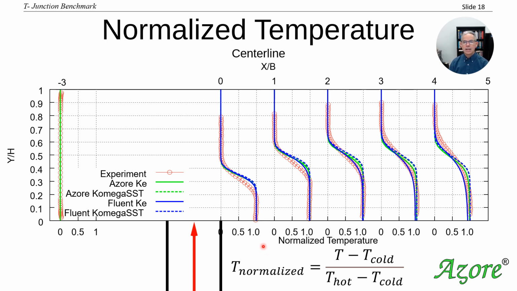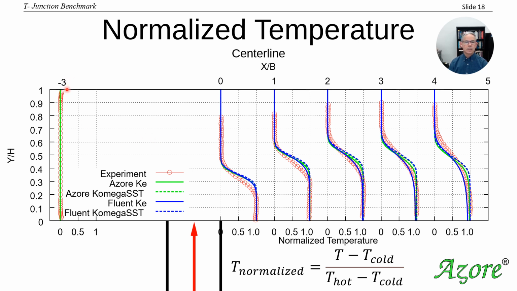What that really means is that areas that are 0 are cold, and areas that are 1 are hot. And the same line plots, the same coloring is used to distinguish between the software packages and the turbulence models.